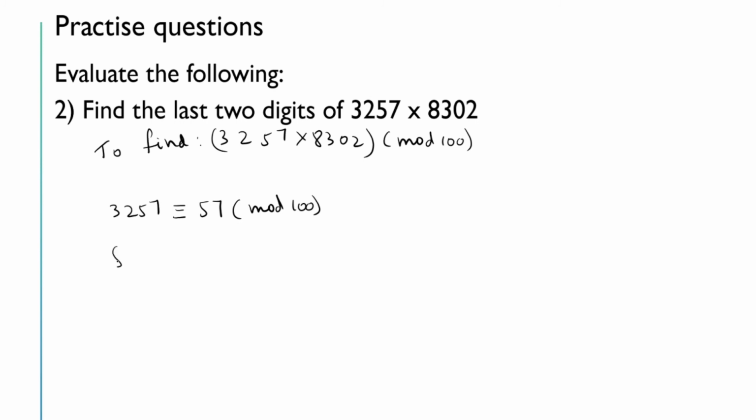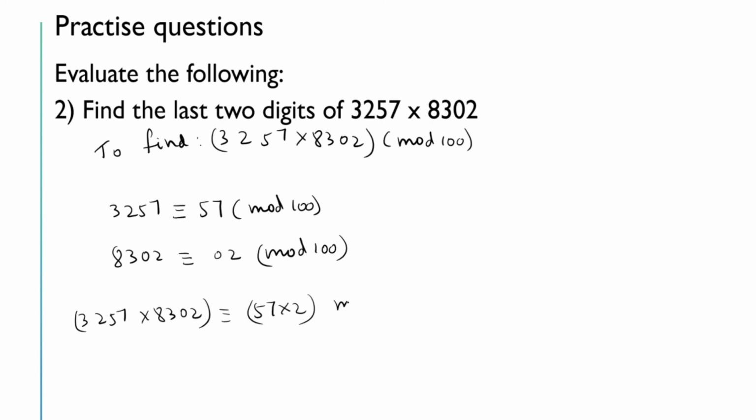The next, 8302 is congruent to 2 mod 100. So we have 3257 into 8302 congruent to 57 into 2 mod 100.